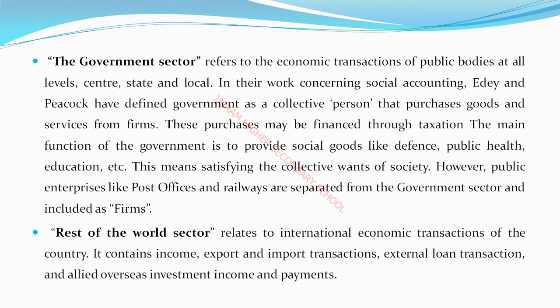The main function of the government is to provide social goods like defense, public health, and education. The major revenue goes to safeguarding the nation, that is, to strengthen defense, meaning the military, and the police giving protection to the people. They spend more on this.